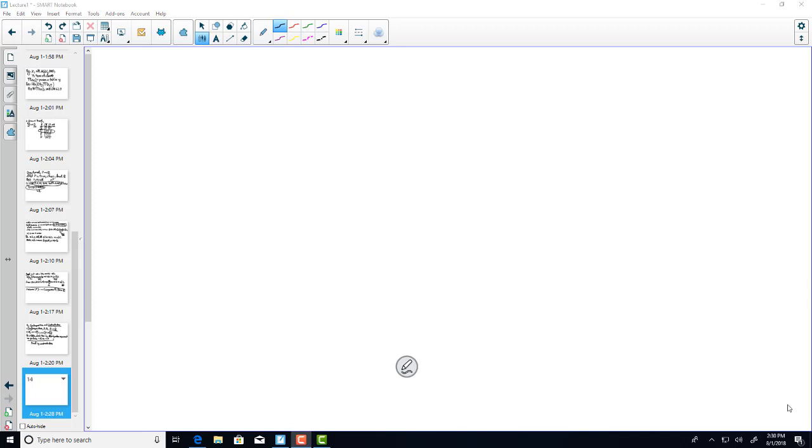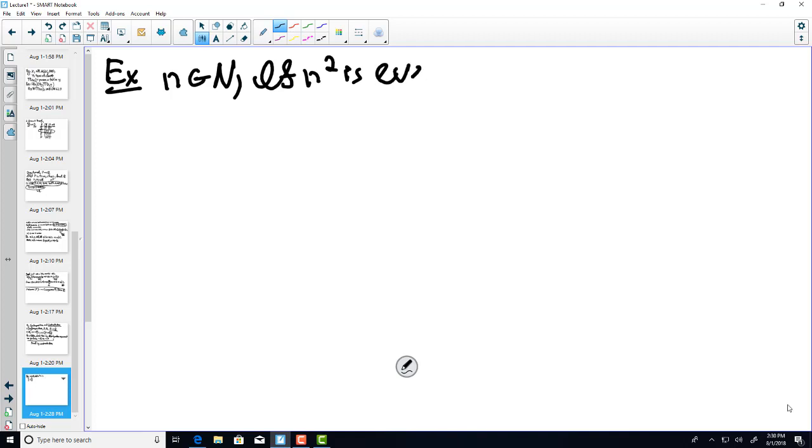Now let's look at an example of contrapositive. Let n be an integer, and what we want to show is that if n squared is even, then n is even.